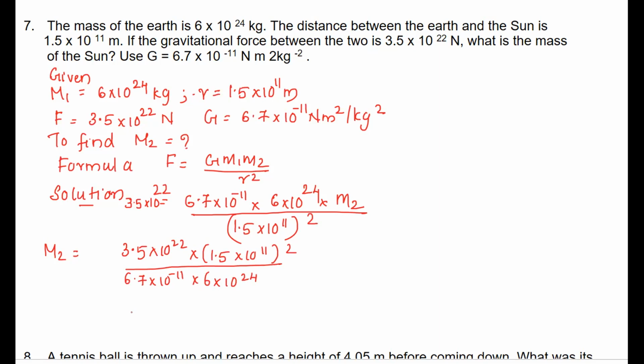Now here also 3.5 into 10 raised to 22 is there. Here 1.5 into 10 raised to 11 the whole square.